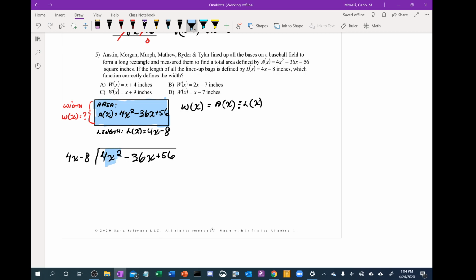Now that we're here, we divide the first term of the dividend by the first term of the divisor, which is 4x squared divided by 4x. Simplifying the numerical part of this fraction gives 1x squared over 1x, so that equals x squared over x.